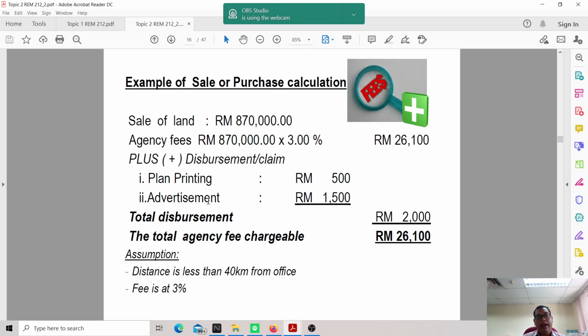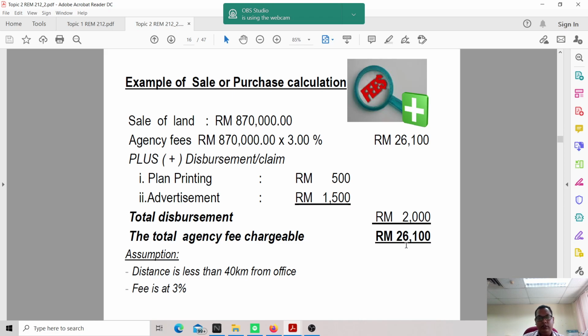You post online on mudah.my and everything. So total disbursement 2,000 ringgit, and the total agency fee chargeable is 26,000 plus 2,000, which should be 28,000.